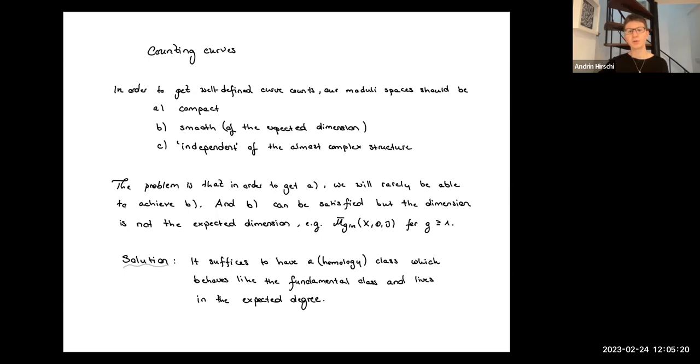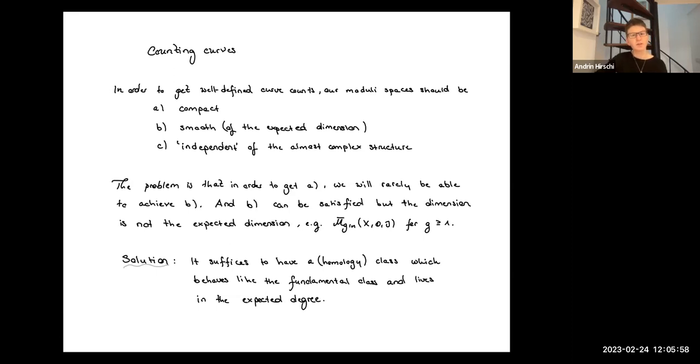And yes, the point of things being of the expected dimension already becomes a problem in the very simple case where you look at constant maps into your symplectic manifold X, because this moduli space will have a dimension which is too high by g times the dimension of X, again, for reasons of non-regularity. So you need to do more work, and I will explain a model in which you can resolve that.